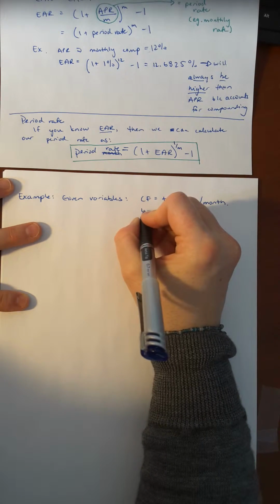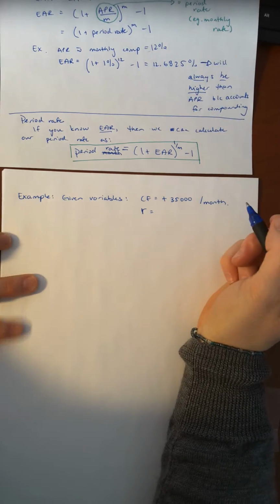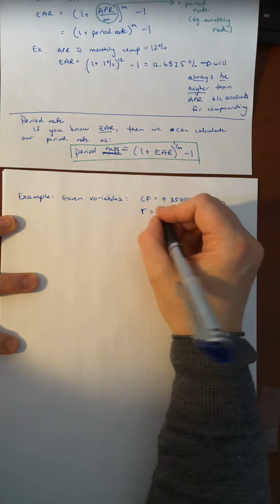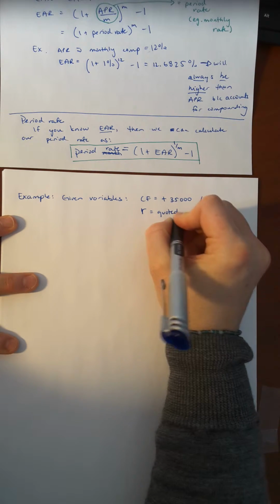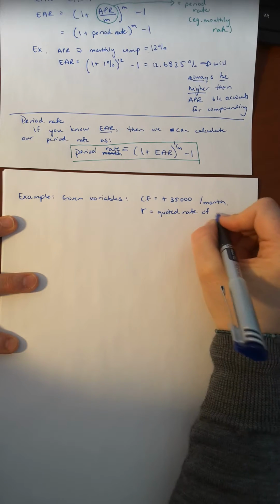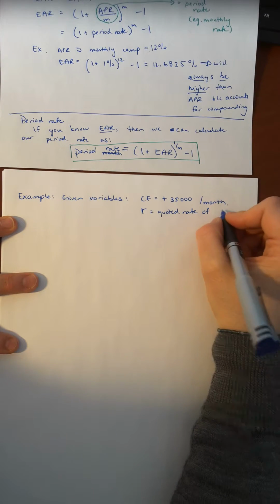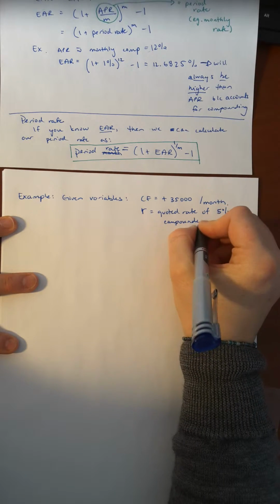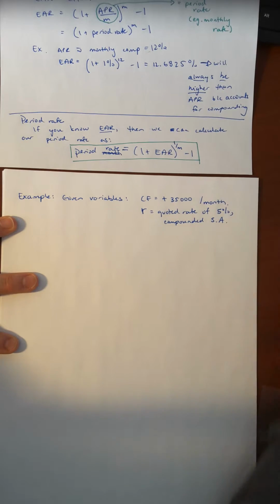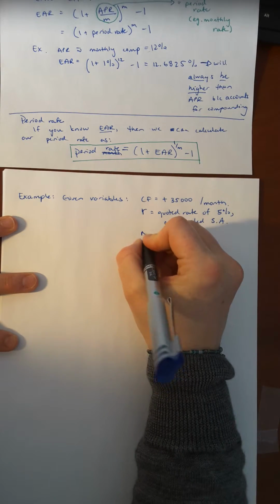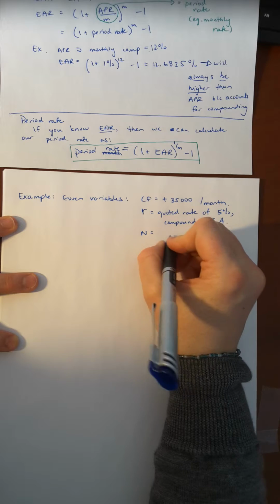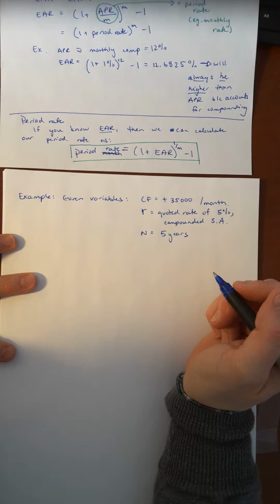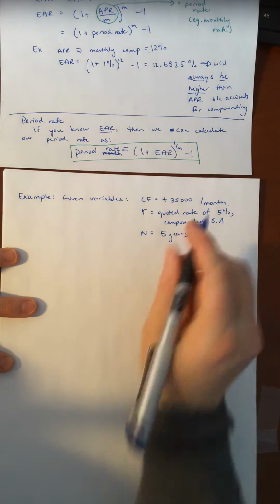I also know that the interest rate I earn on the account that I'm going to put that money in is a quoted rate of 5% compounded semi-annually. I also know that the term of these cash flows is going to be 5 years. That's enough information.